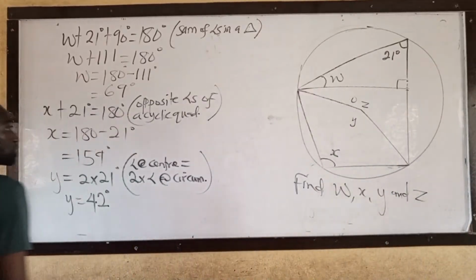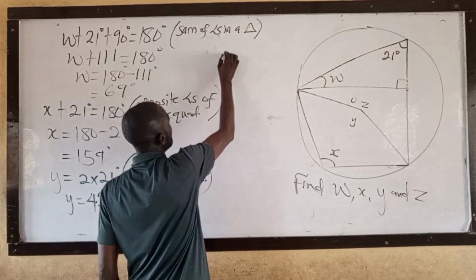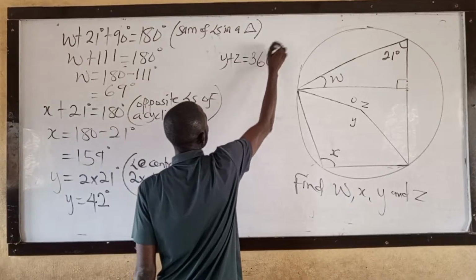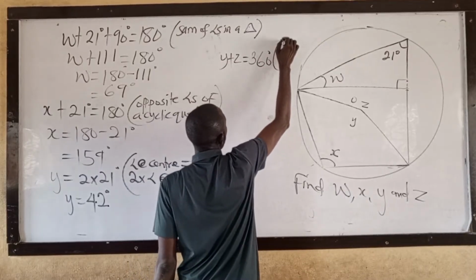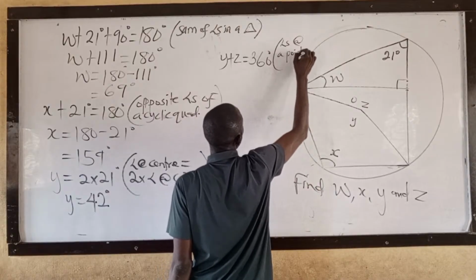Angles at the point. So we have Y plus Z equals 360 degrees. What's the reason? Angles at a point.